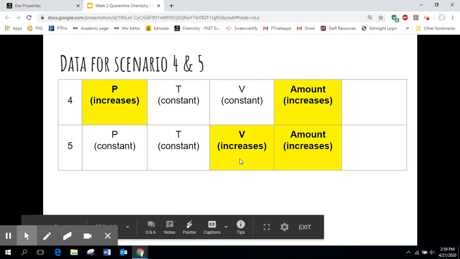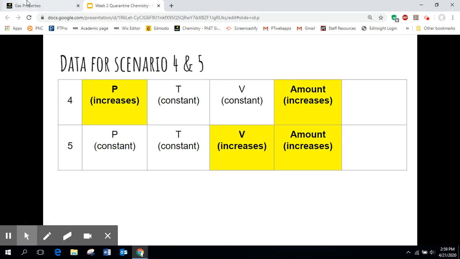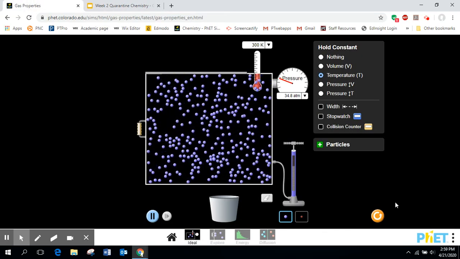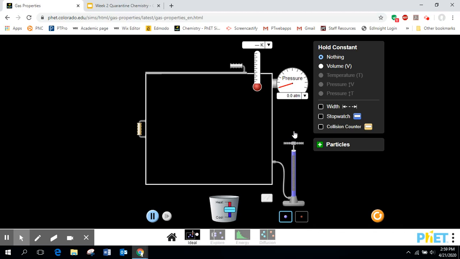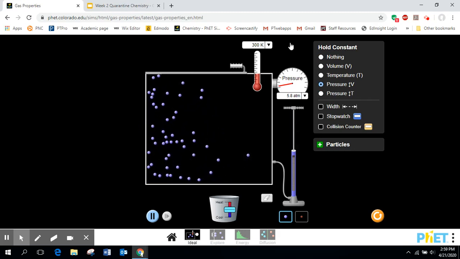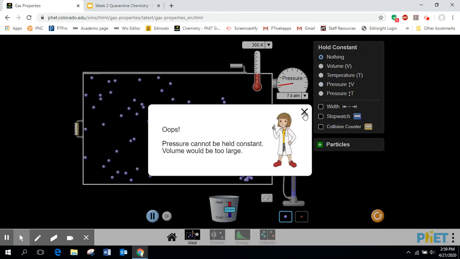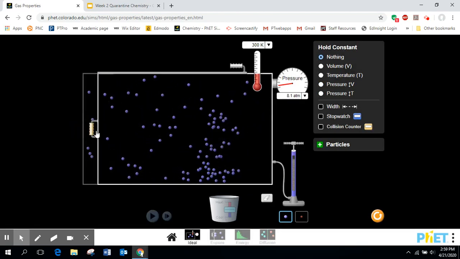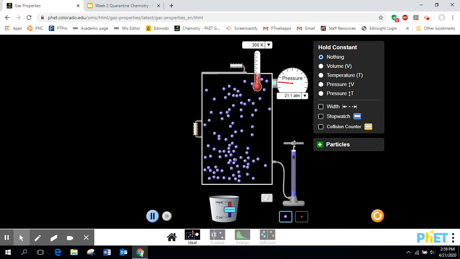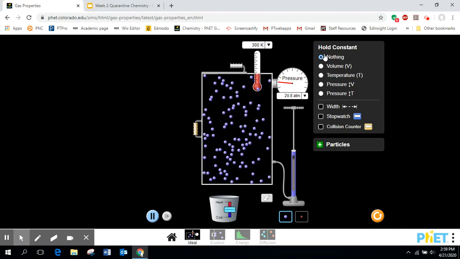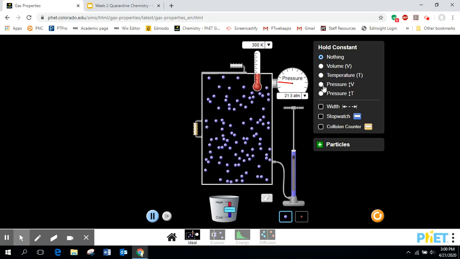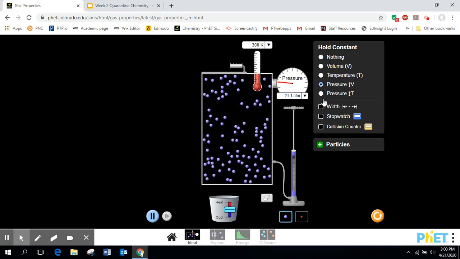Let's see what happens if we look at how amount and volume are connected. Let's restart this. Let's put one pump of gas in there. Let's hold pressure constant and let's start adding in. Oh, we blew up the sample again. So let's move this in. We've got constant pressure.